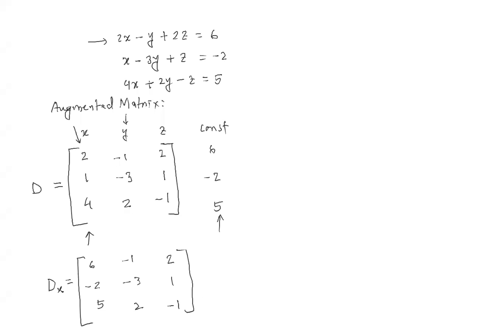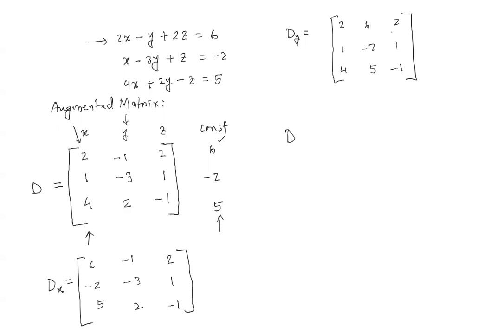Now I'm going to replace the second column by these numbers, and I'm going to call it D sub y. So my D sub y is going to be 2, 1, 4, then 6, negative 2, 5, which is the column I replaced. Other than that, everything is the same: 2, 1, negative 1.